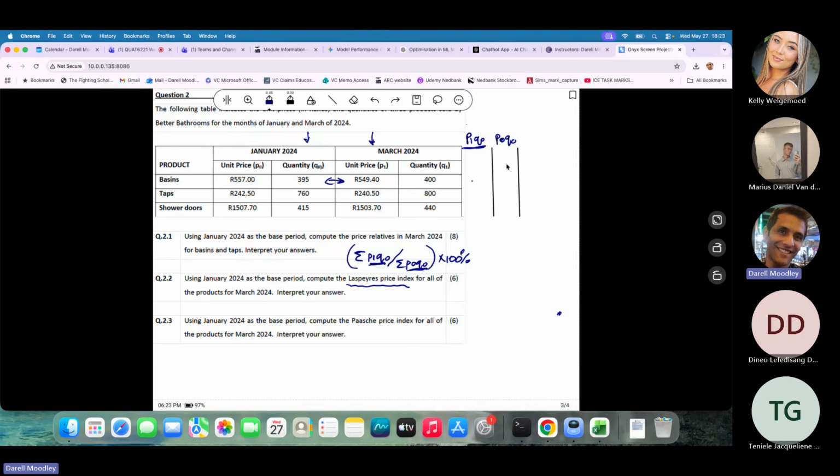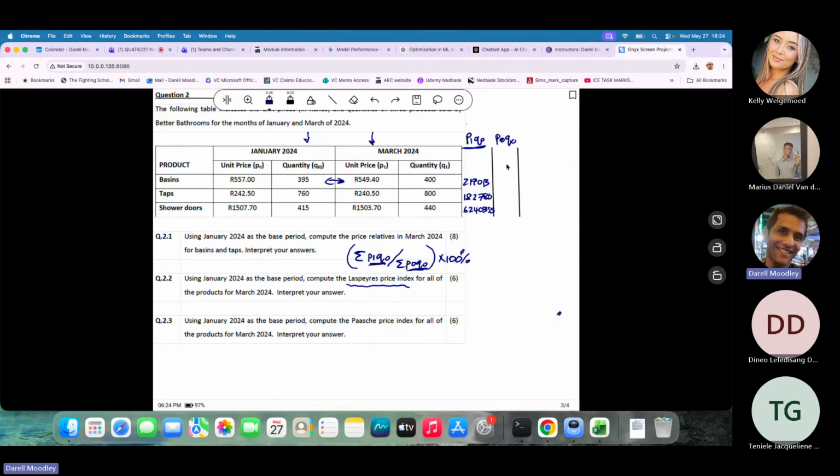So if we do that, the first value is 217013. The next one is 1827780. And lastly, 624035.5.